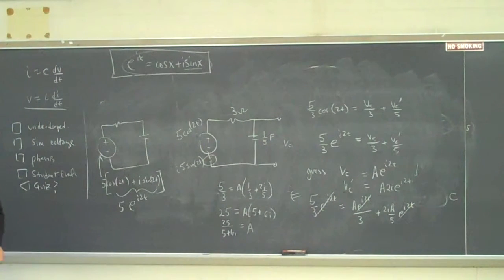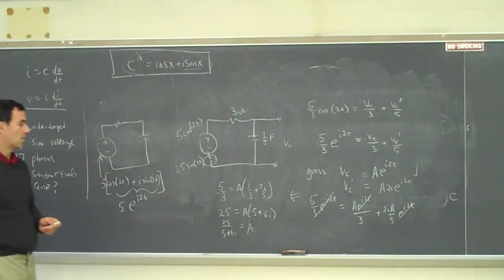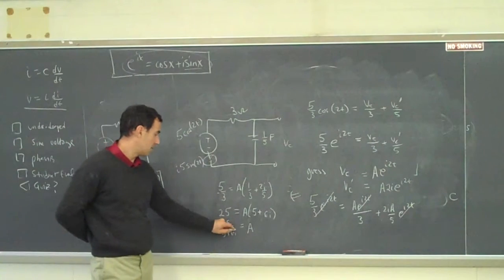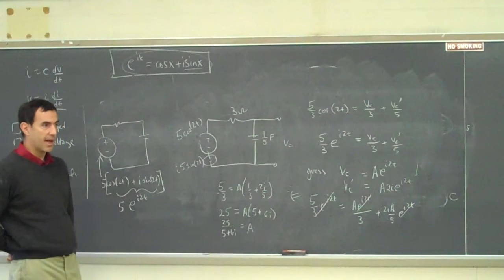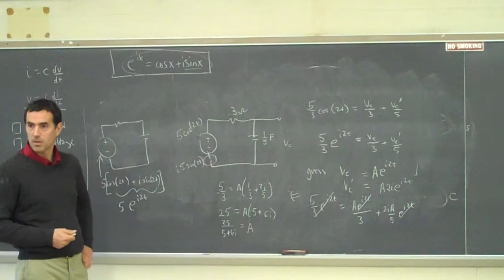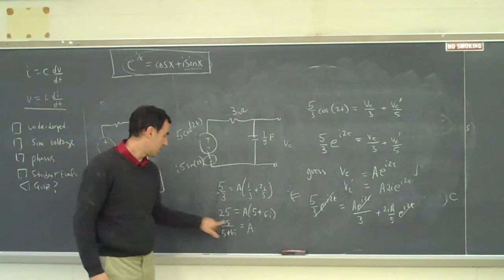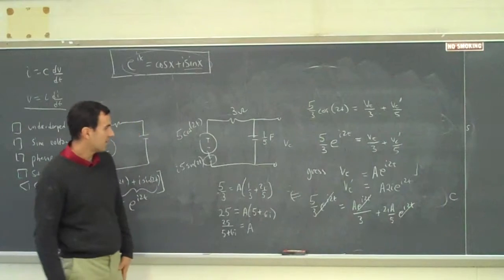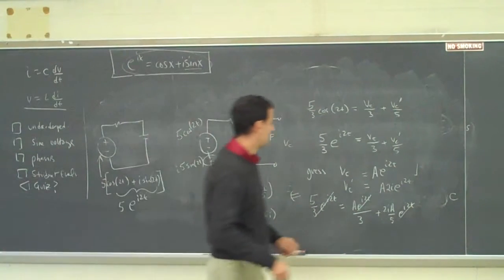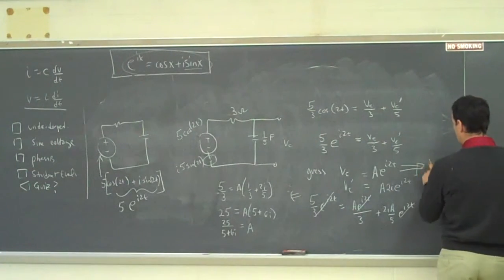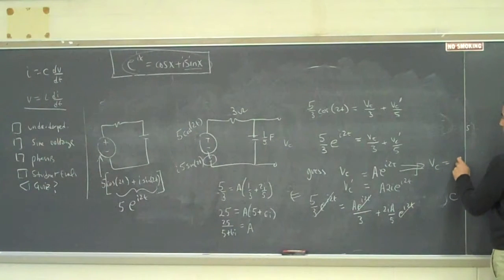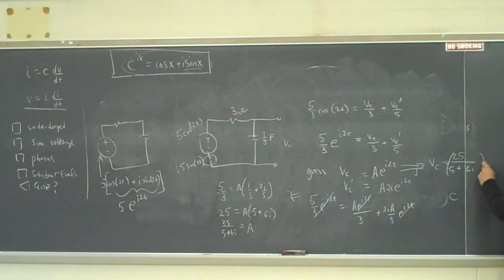It's got an imaginary number in it. We're trying to not be disturbed by that. It's a number like anything else. A is 25 over 5 plus 6I. So my answer is VC equals 25 over 5 plus 6I times e to the I 2t.